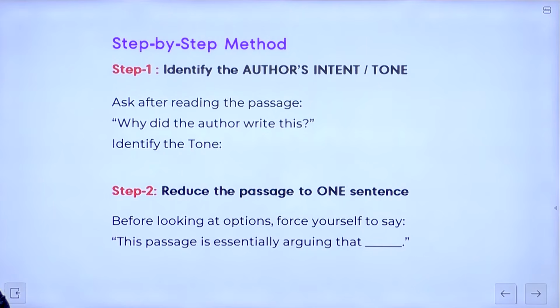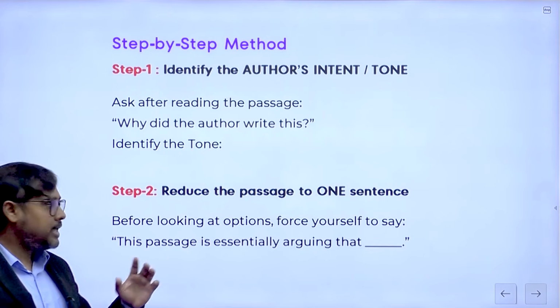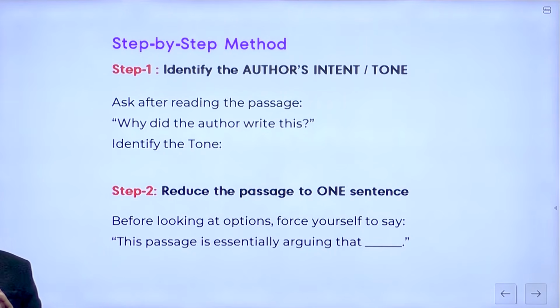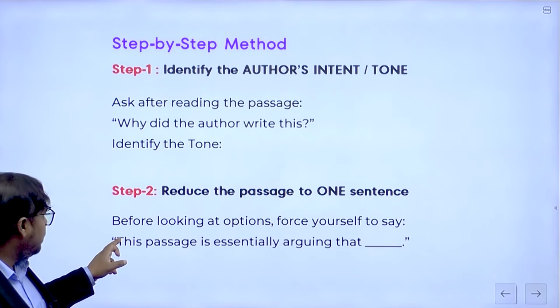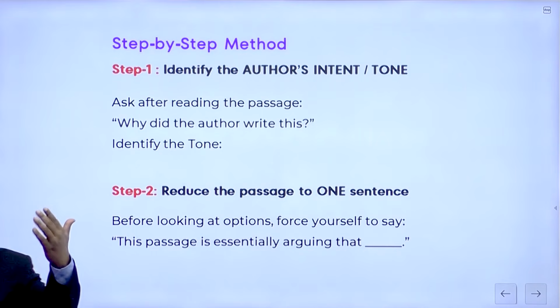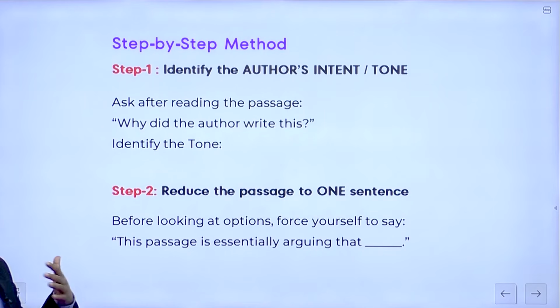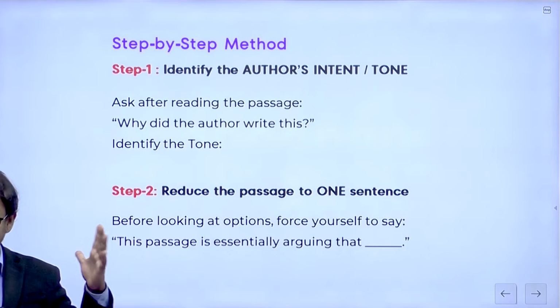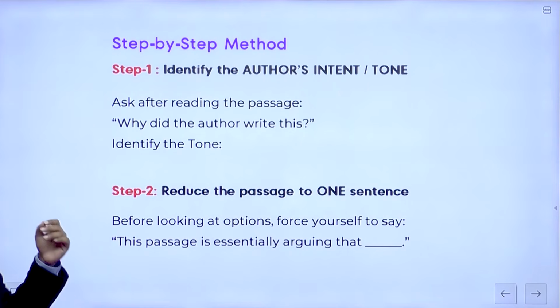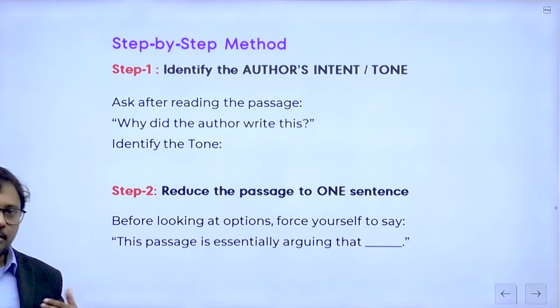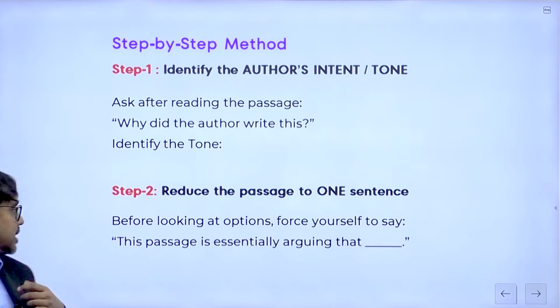Second is reduce the passage to 1 sentence or 2 sentences, right? Make a summary of it. So you ask this question, and as I've said, because the focus should be on the passage, we will not see the options. Our goal should be to first identify the tone, then in 1 line or 2 lines, make a summary of what the passage is essentially arguing about.